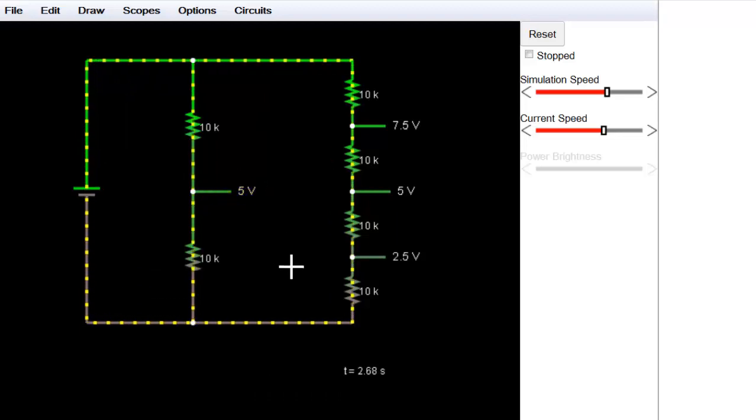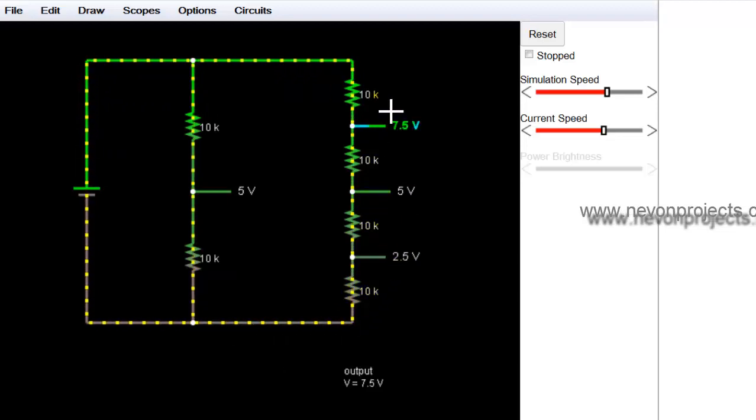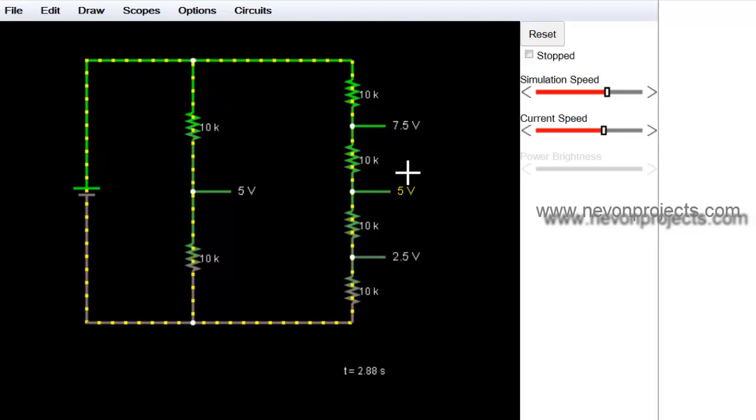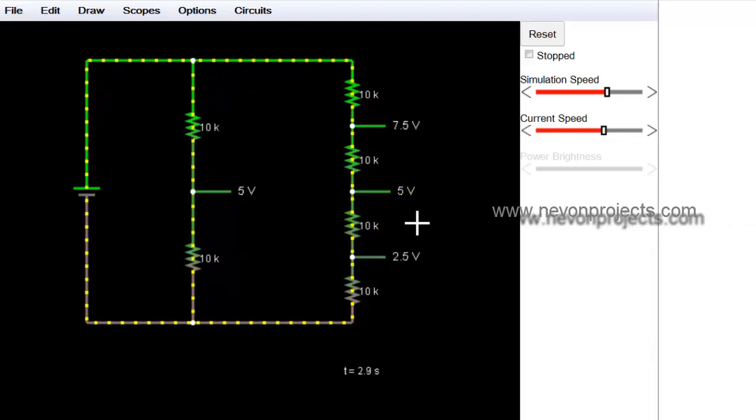Now let us move on to a bit more complicated circuit, this one, and let us calculate the voltage at this point. Actually this is not as complicated as it seems. We only have to add up these three resistors and make them one, because they are in series connection, and the other one is connected to the ground. So we again have the standard potential divider circuitry that we saw earlier.